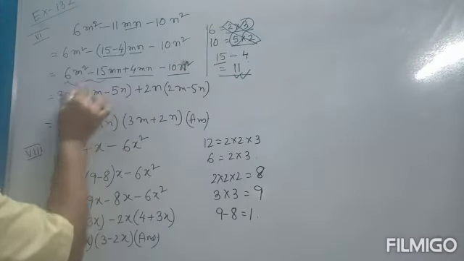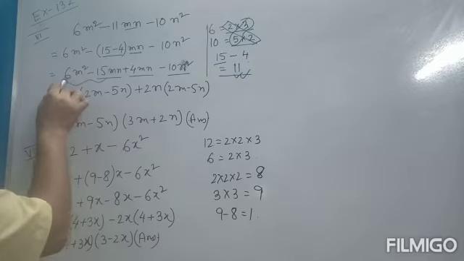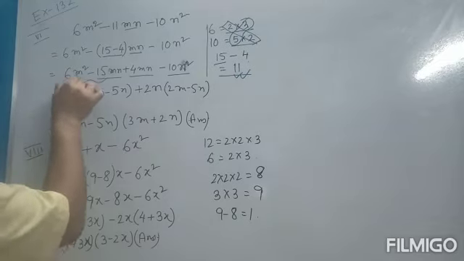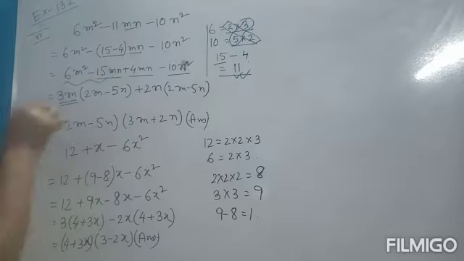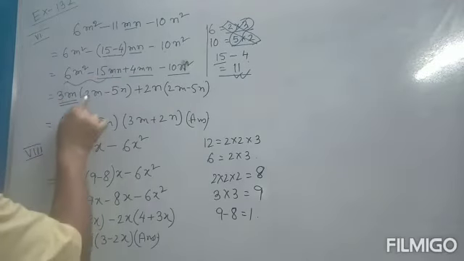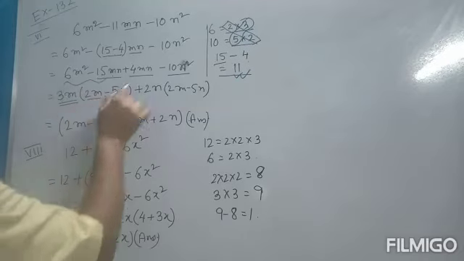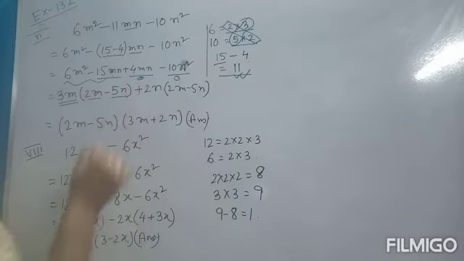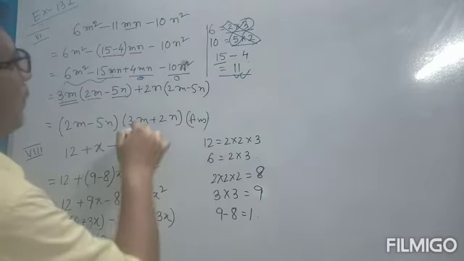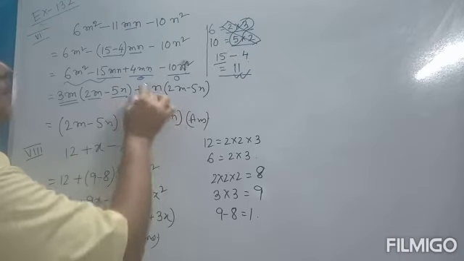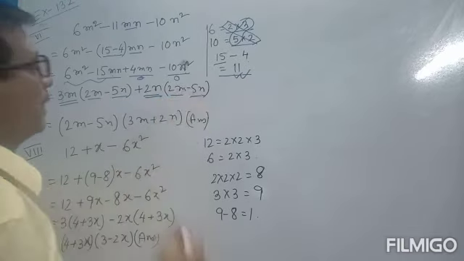From these two, we see that the common term between 6 and 15 is 3, and this is m square, this is m, so 3m is common. Then it will be 2m minus 5n, and from these two, the common term is 2 and n, so 2n is common, then you get 2m minus 5n.